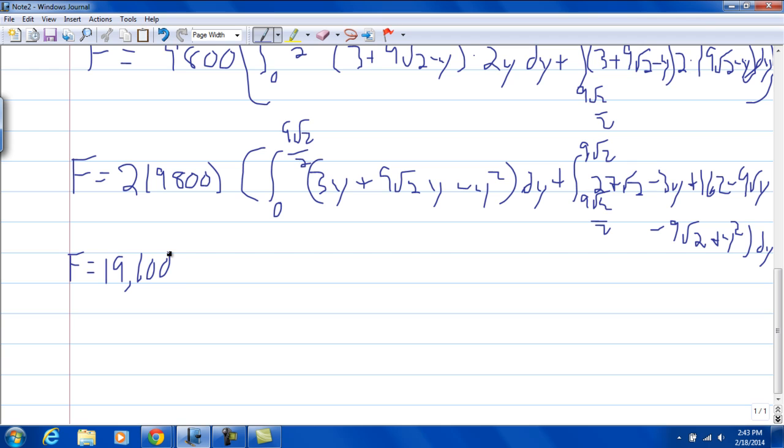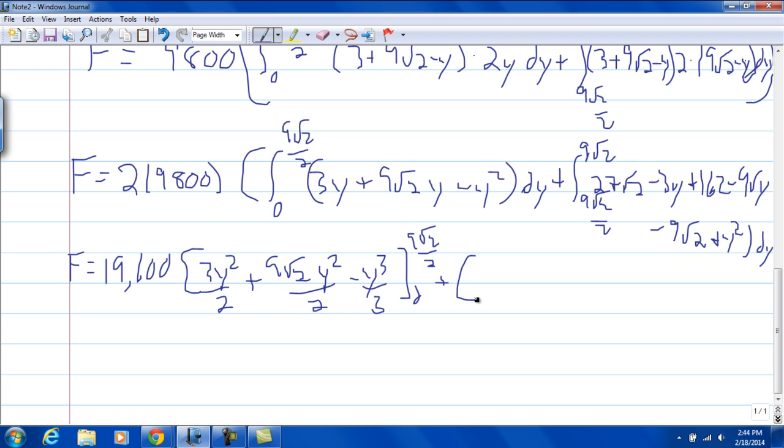So 19,600 times what? We have 3y squared over 2 plus 9 root 2 y squared over 2 minus y cubed over 3 from 0 to 9 root 2 over 2, plus 27 square root of 2 times y minus 3y squared over 2 plus 162 y minus 9 root 2 y squared over 2.